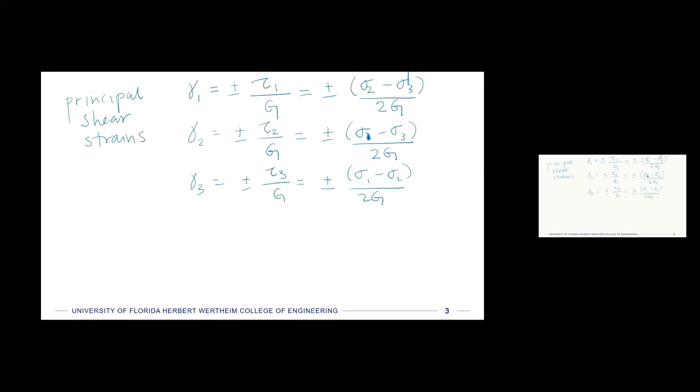Honestly, no. I'd have to go back and look at the textbook to see why the nomenclature doesn't follow the same as the normal stresses. So 2, 3, 1, 3, 1, 2. No, I need to think about it a little bit more.